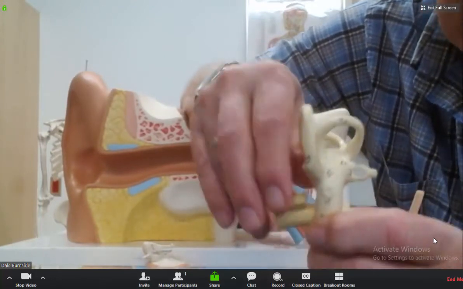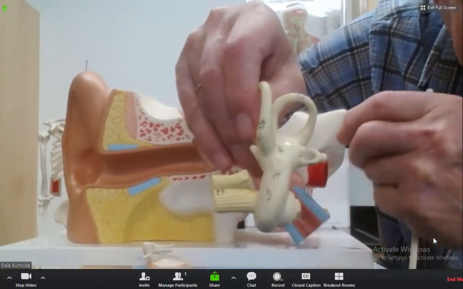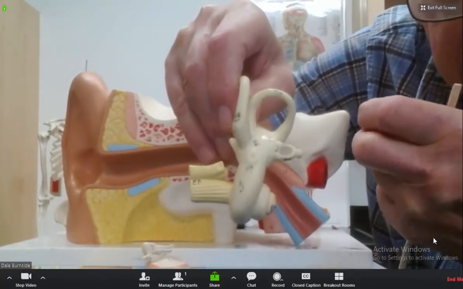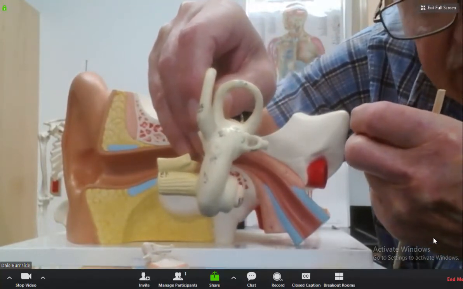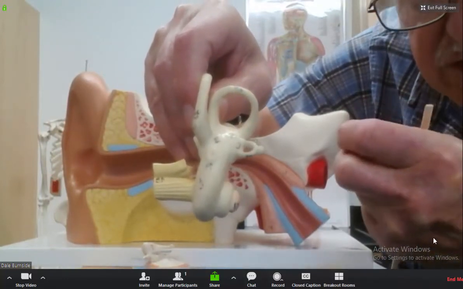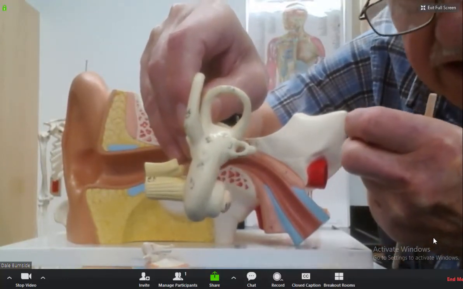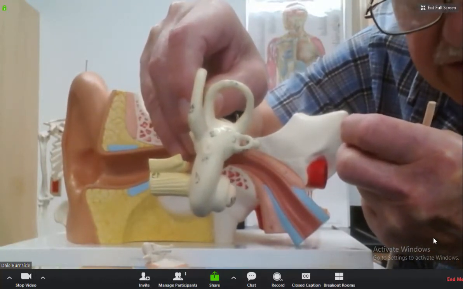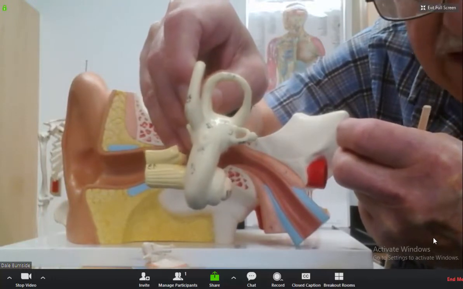The stapes, because it's up against the oval window, makes the fluid move. There's fluid in the inner ear, and that fluid is in the cochlea, it's in the vestibule, it's in the semicircular canals, so that vibration is transferred into that fluid, makes little waves.